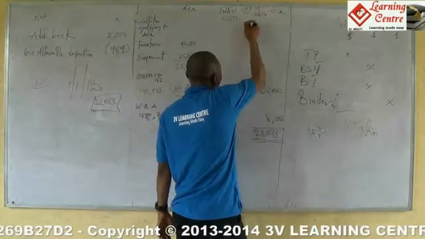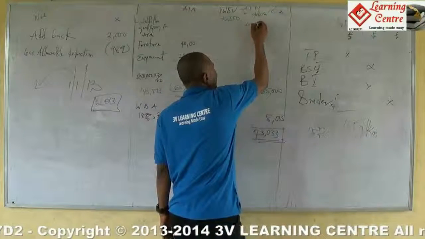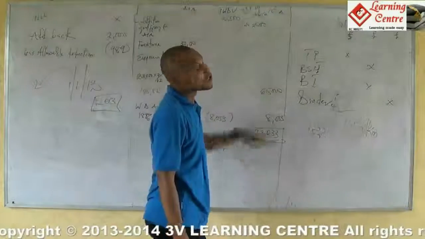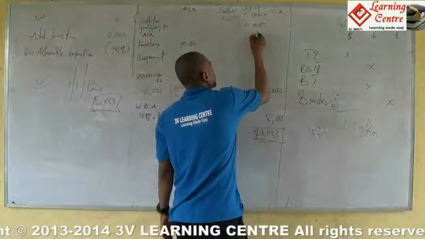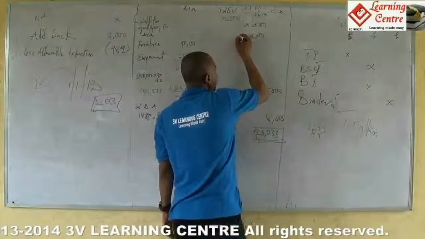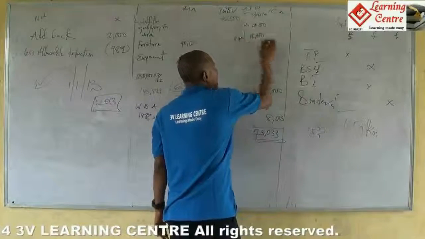And let's say you have a WDV of, say, 20,000. You now dispose of these assets at, say, 18,000. This is disposal, right? Disposal proceeds.